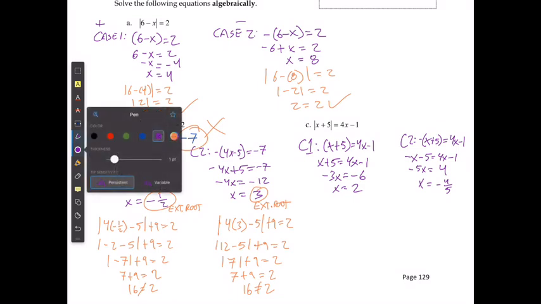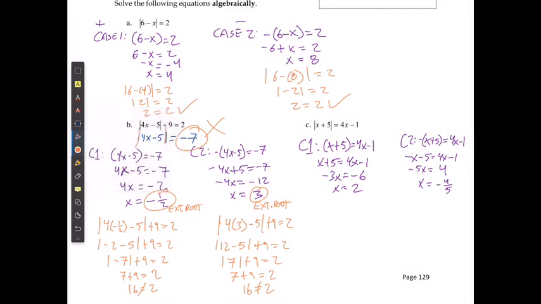And now I've got to check both the cases. Well, if I say that the absolute value of 2 plus 5 is equal to 4 times 2 minus 1, then the absolute value of 2 plus 5 is going to be 7, is equal to 4 times 2 is 8 minus 1, 7 equals 7, and this solution does work.